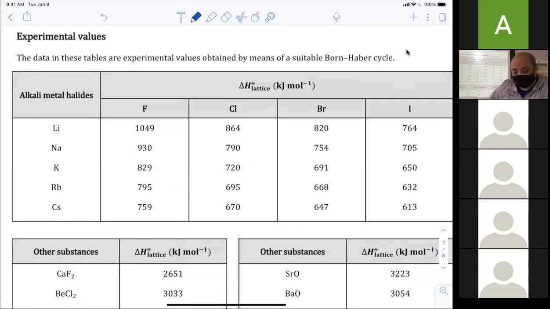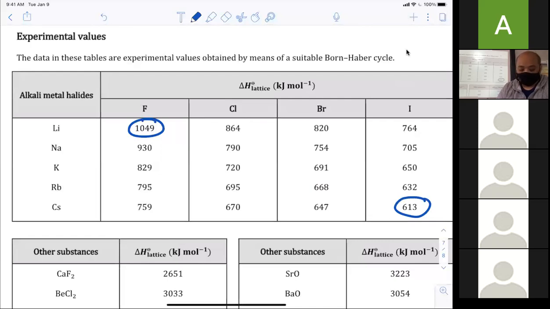What's the factor that determines why one lattice enthalpy is higher than the other if all the charges are the same? Not electron affinity, not ionization energy. Just look at these values. Where's the biggest one? LiF. And where's the smallest one? CsI.